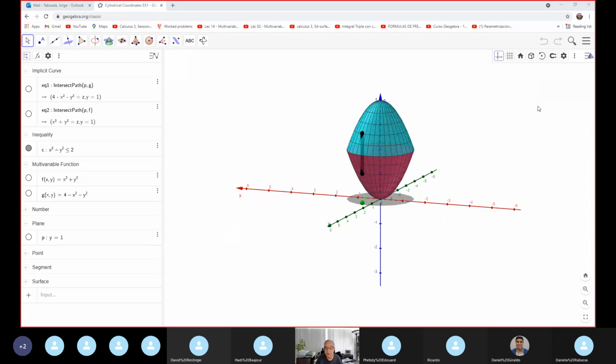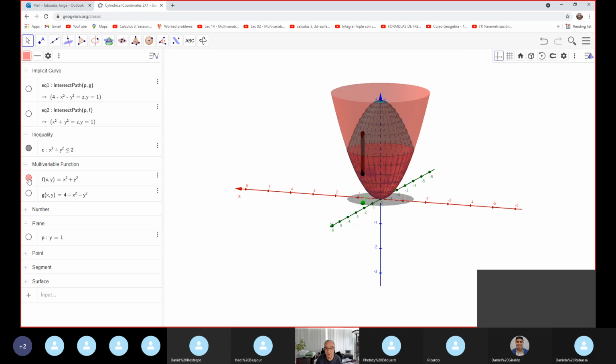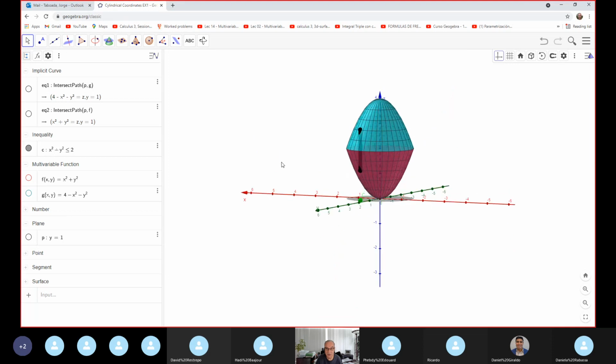Do you see GeoGebra? Wow, amazing. Look, one paraboloid opens up. This is a paraboloid. This paraboloid opens down. And this is the intersection. So it's easy to understand, at least for me.